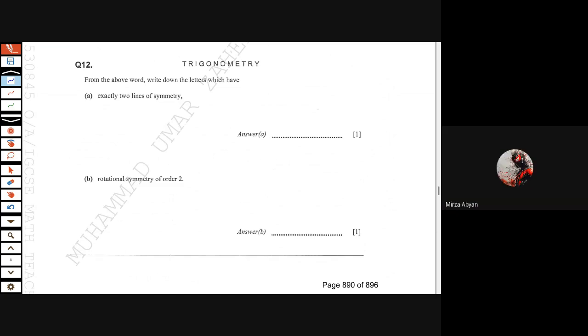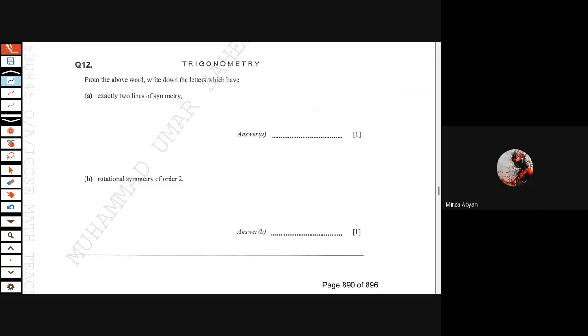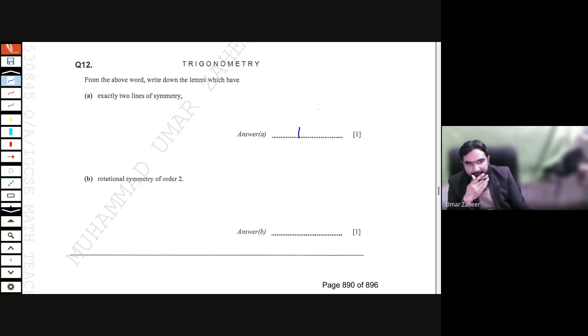Sir, Y? No. Y has one line of symmetry. Sir, I? Yes, I. Because I has a vertical line of symmetry and a horizontal line of symmetry as well. We have the letter I.